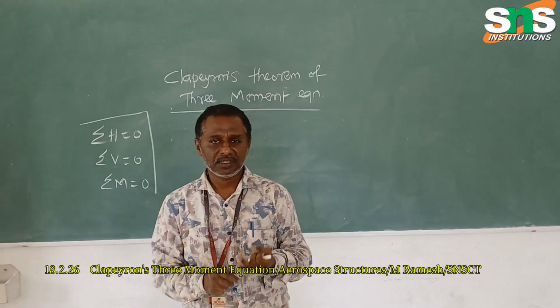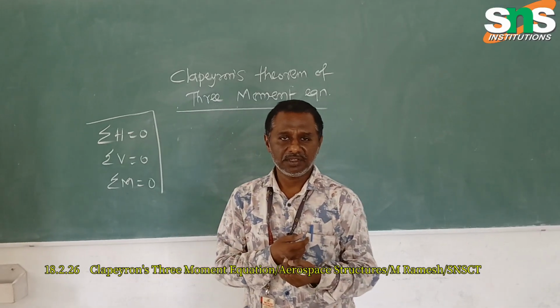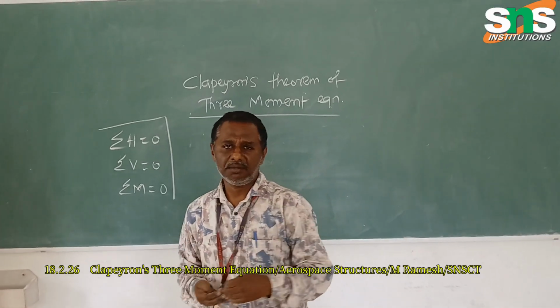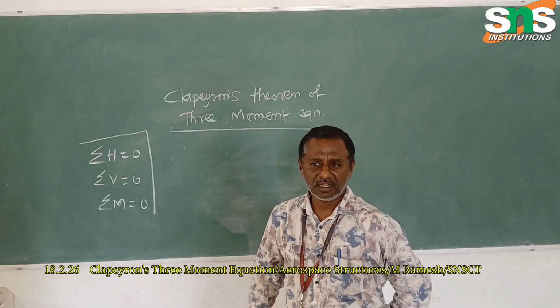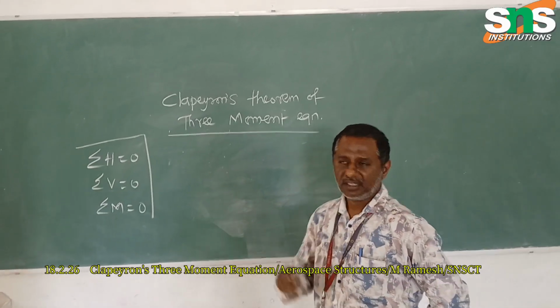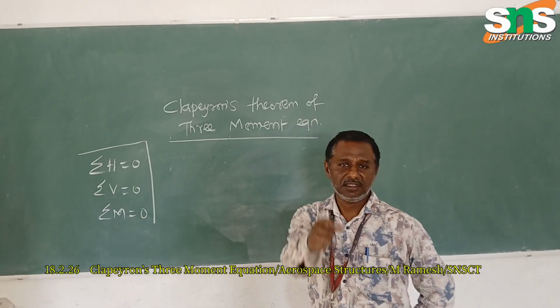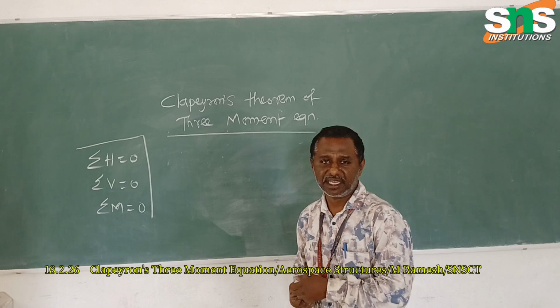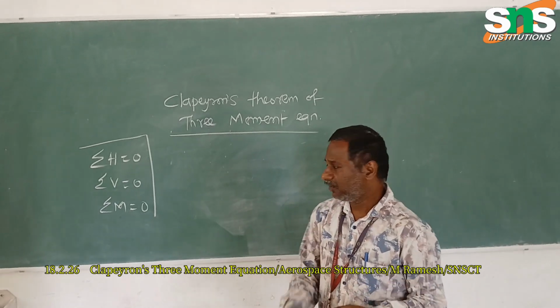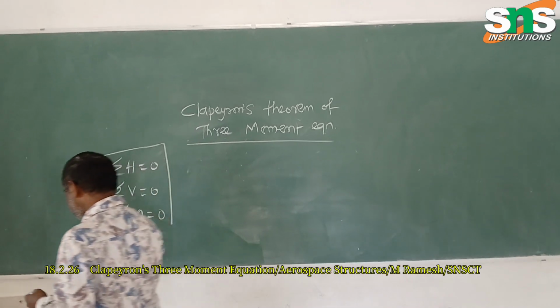Next one is the fixed beam. And overhanging beams with more than 2 supports. So statically indeterminate beams are these. We can solve all the unknowns, so that we can analyze the shear force diagram as well as the bending moment diagram by using this method. One by one we can solve.